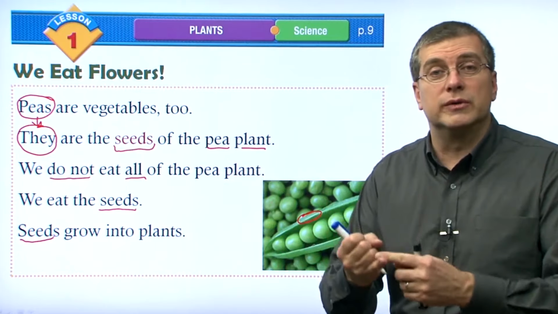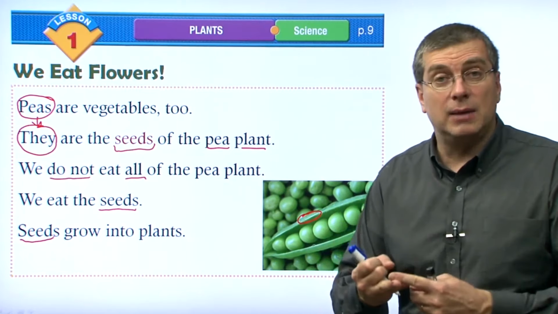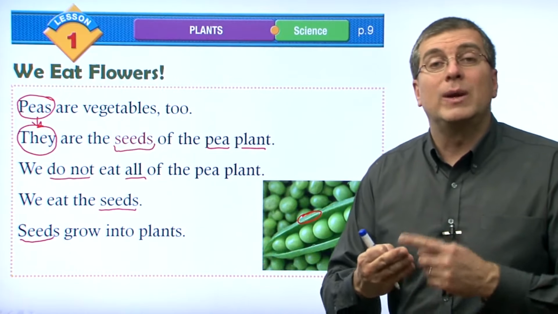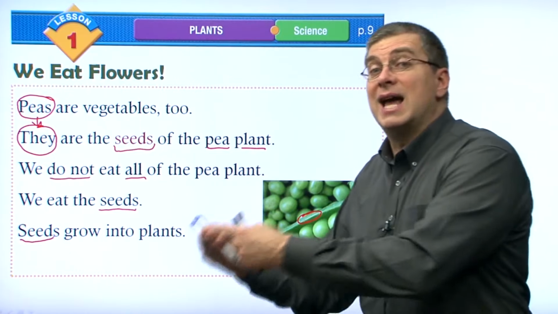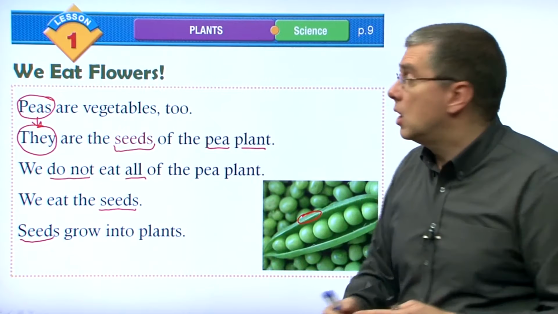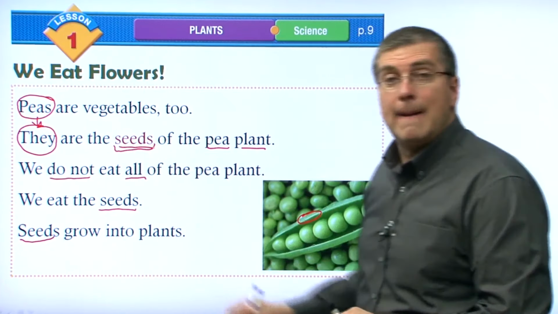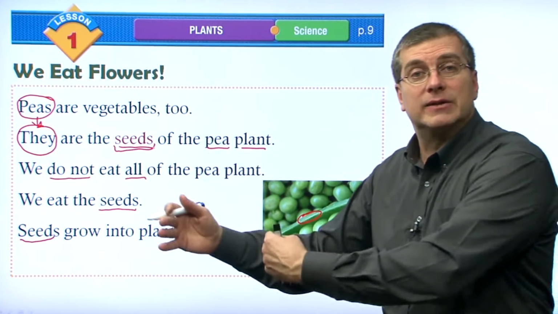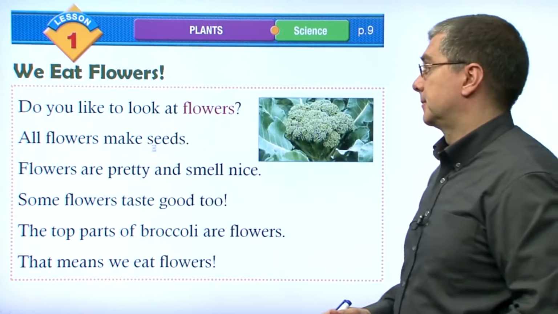Sometimes we eat roots, carrots. Sometimes we eat stems, potatoes. Sometimes we eat leaves, lettuce. And sometimes we eat seeds, peas. So many different parts of plants that we eat.